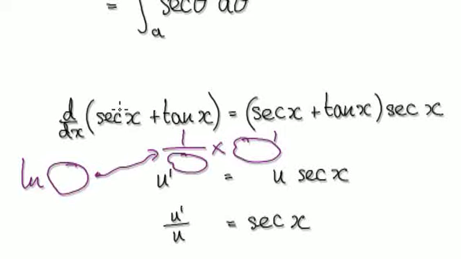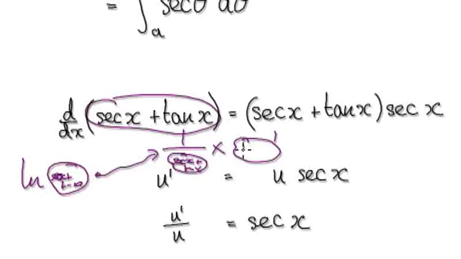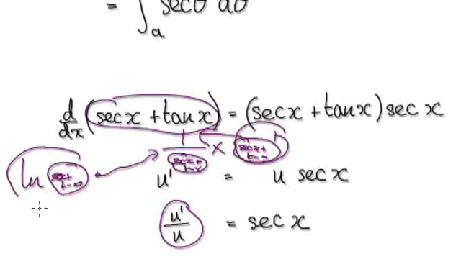If the bubble is secant x plus tan x, then you have secant x plus tan x, and this thing gets multiplied to the top. Basically you have found something that when you differentiate it, it will give you this.